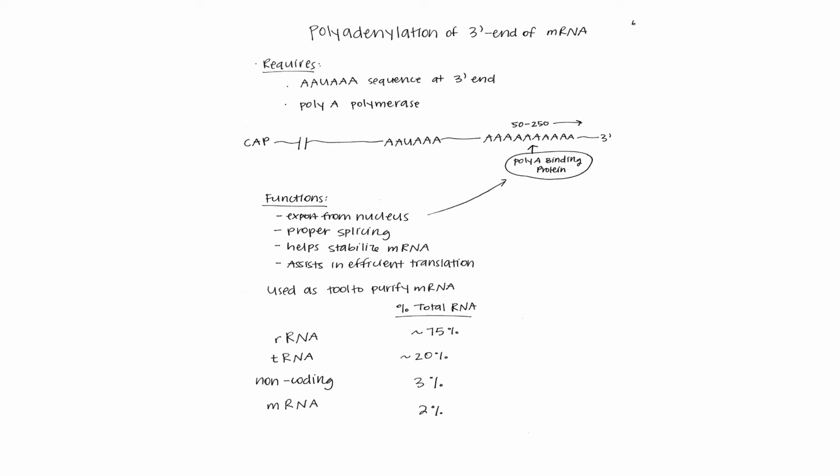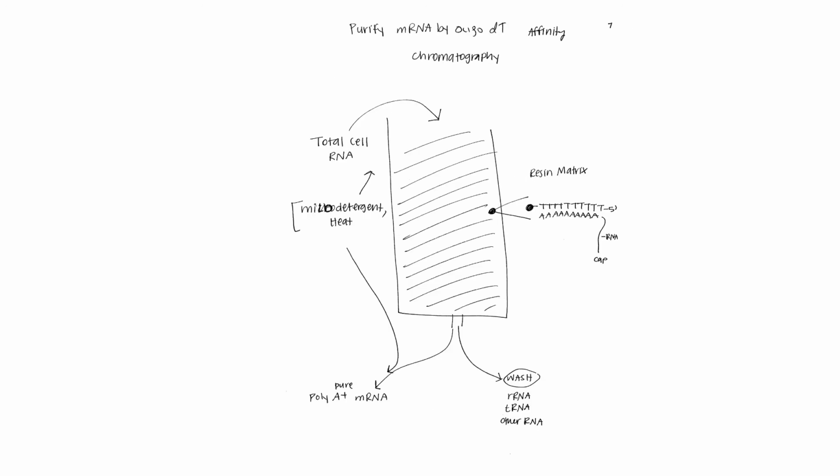So we take advantage of the poly-A tail to purify the RNA from the mixture. And it's based on the ability of these long stretches of A's to base pair with long stretches of T's. Normal base pairing. So we use what's called oligo-dT affinity chromatography.